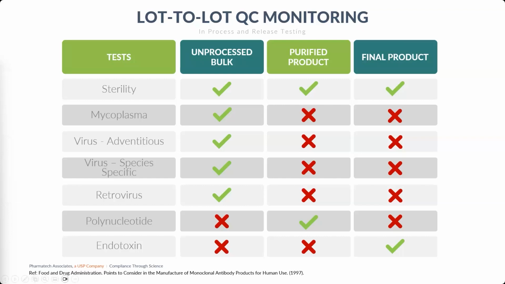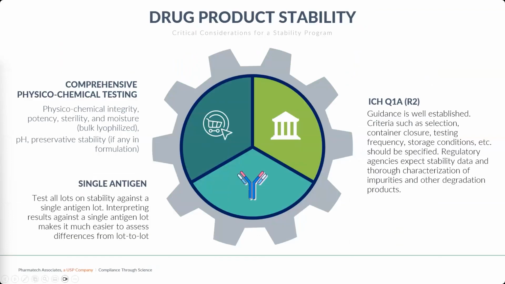And John, I guess one question here, let's suppose I'm unable to complete certain types of testing on the bulk, either due to interference issues or otherwise. Are the agency's expectations then that I identify that in some sort of a risk assessment and then prepare for some kind of testing upon the final product and set that as a release spec?